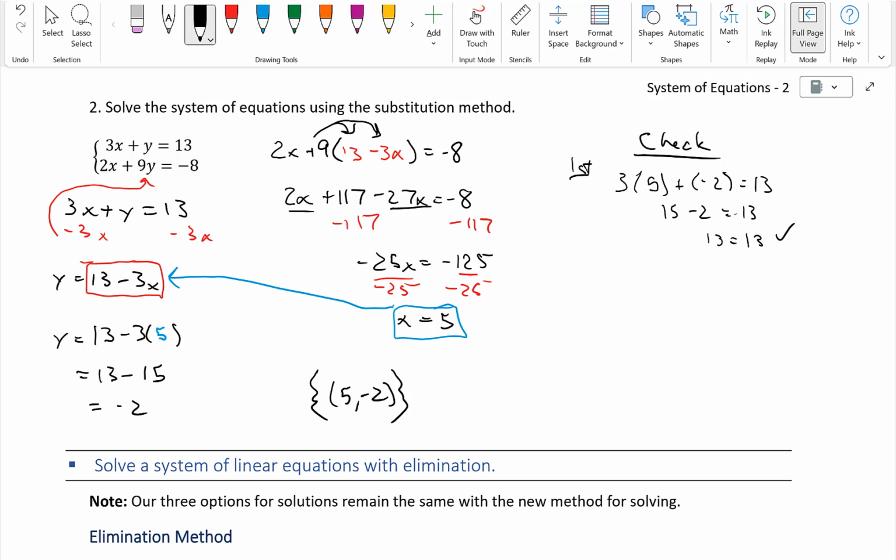So I didn't make a mistake. Looks good there. And for the second one, just to confirm, I get 2 times x is 5 plus 9 times negative 2 for my y should give me negative 8. I get 10 minus 18, which is negative 8. And you can see it checks out in both equations, so it is the solution to our system.